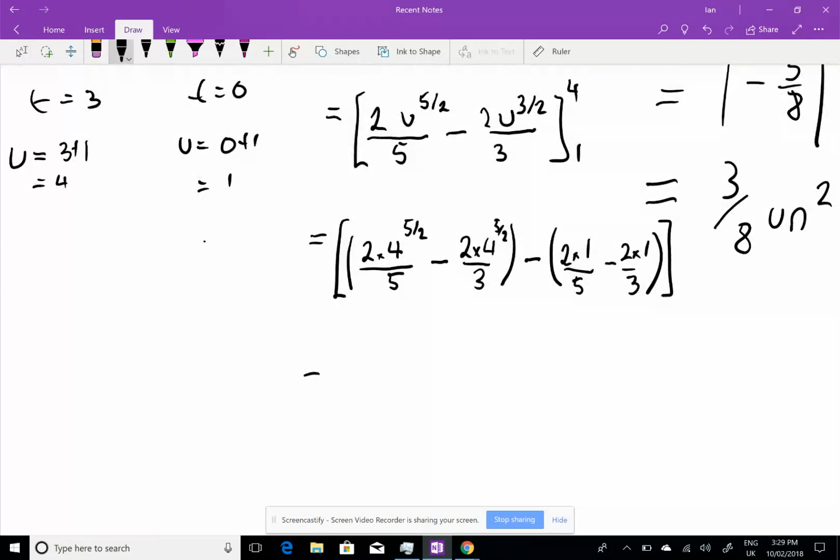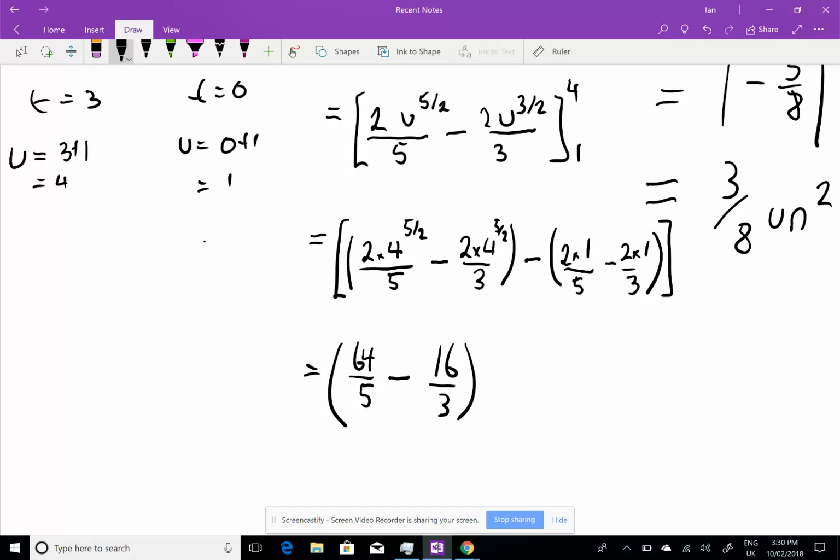Whew. Now luckily I know the square root of 4 is 2, and 2 to the 5 is 32, and 2 times 32 is 64. 64 on 5. Geez, I hope this is right. I hope I don't make a mistake without the calculator. Do the same again here. Square root of 4 is 2. 2 cubed is 8. 2 times 8 is 16. I get 16 on 3.